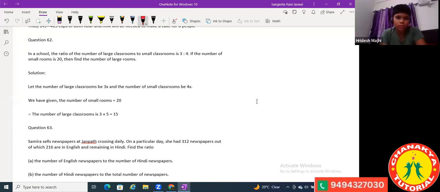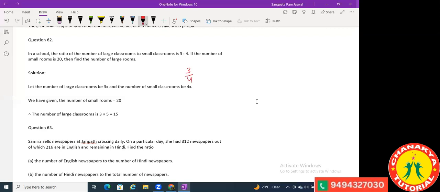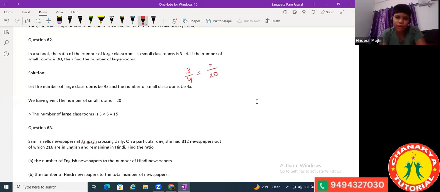The ratio is given 3:4. The large classrooms are in the ratio of 3x and the smaller classrooms are in the ratio of 4x. So if the small rooms are 20, then the larger rooms are 3 fives, how many? 15.